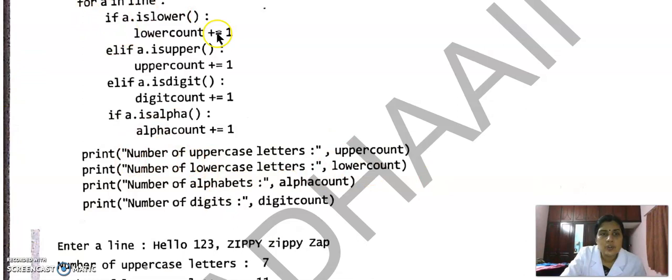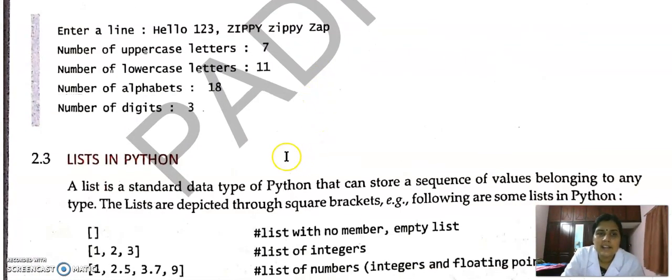So in all three cases, we have to check if it is an alphanumeric character. So here we used if, and for the remaining cases we used elif. Then we will get the output like this: uppercase letters, lowercase letters, alphabets, digits, like that.